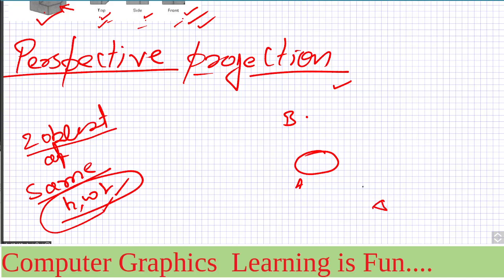So if you are looking from here, both the objects are there, location A and location B. Both the objects O1 as well as O2 have the same characteristics. However, O1 is near to the viewing point and O2 is a little far. So the object which is a little far will look smaller.